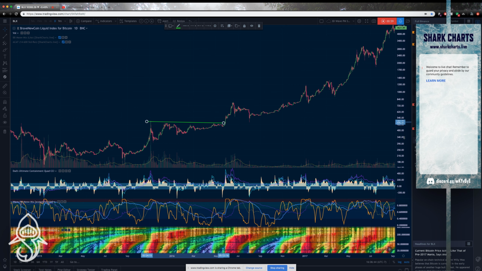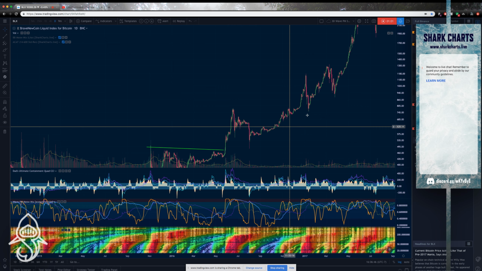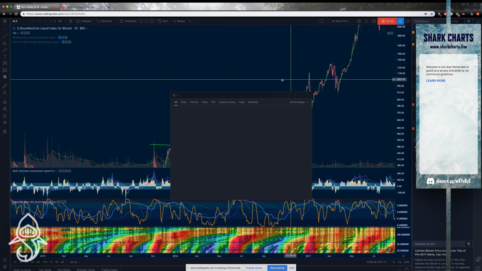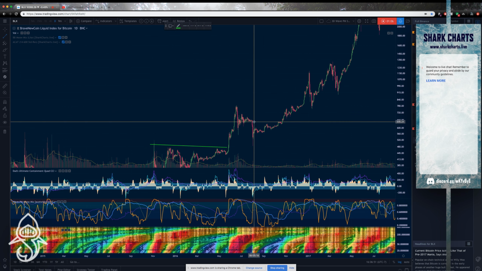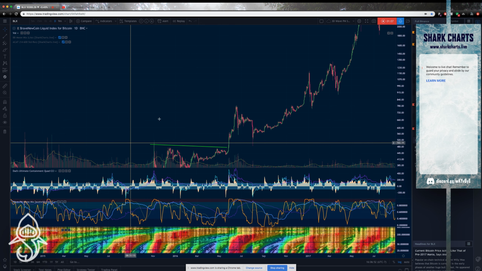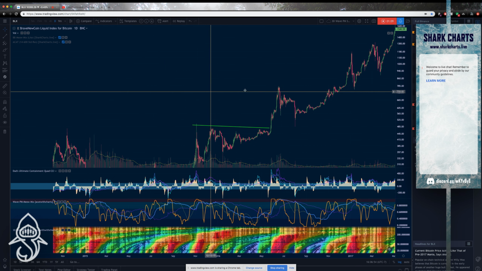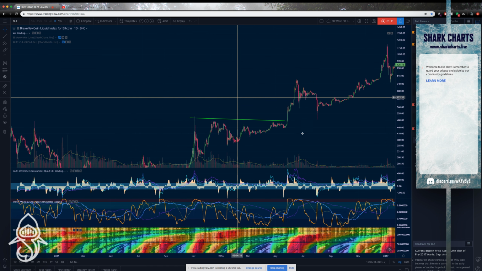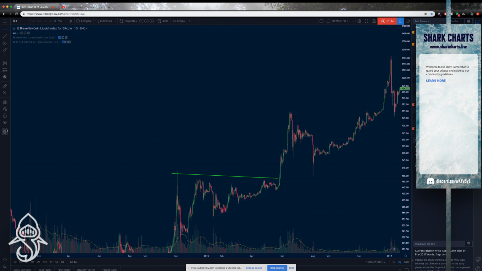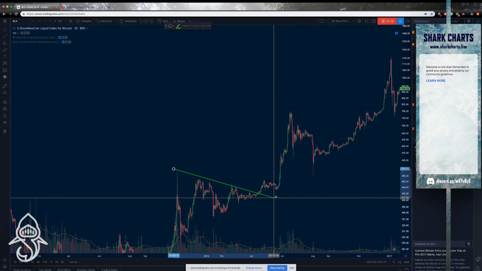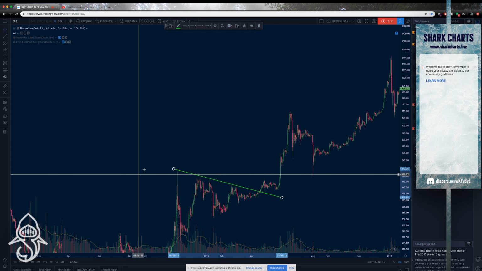So, one thing I want to point out is this trend line here. And we're pretty slow today. Come on. All right. So what I'm looking at is this trend line, right?